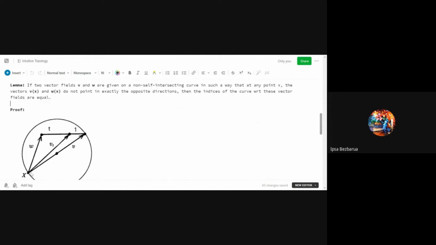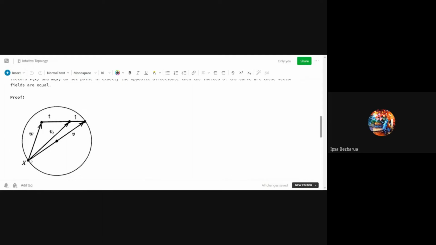So here's the picture. I have v and I have w, and they are not going to be exactly opposite each other and cancelling out anywhere on this circle.